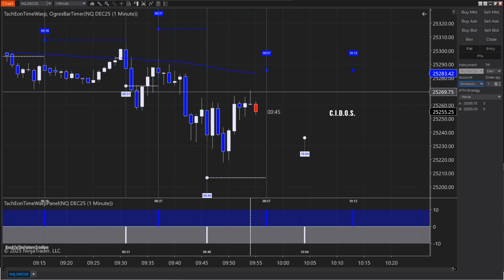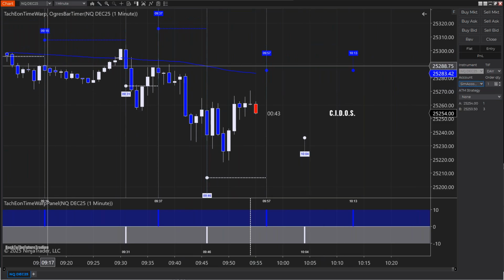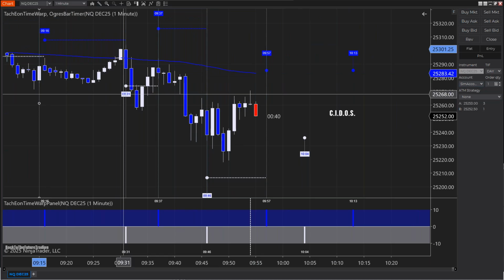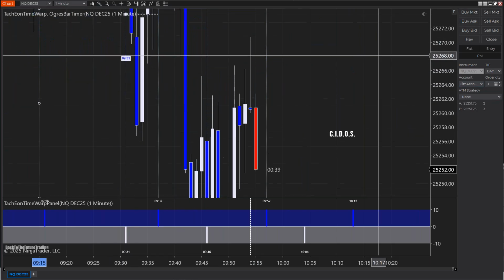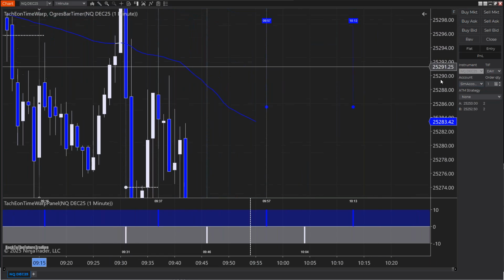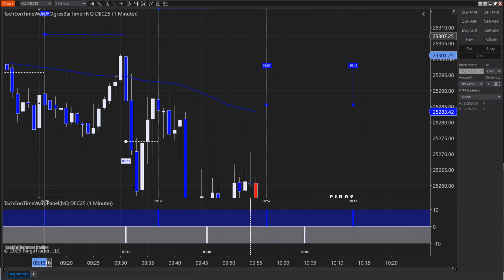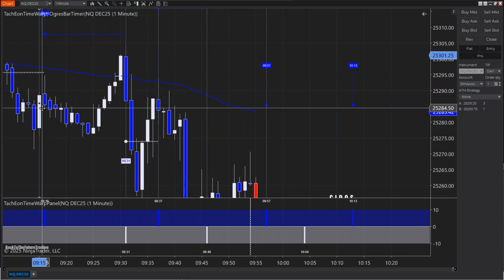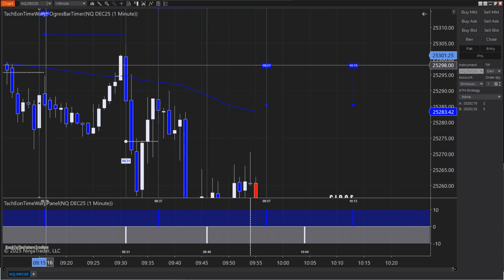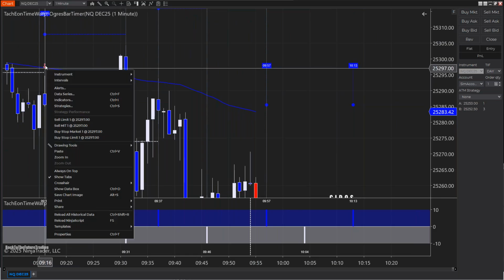And so at 9:16, that candle has closed already in the direction of the signal. 9:16 was a sell signal. The candle closed low. I have my chart set to turn blue when the candle closes low. This is a CDOS.